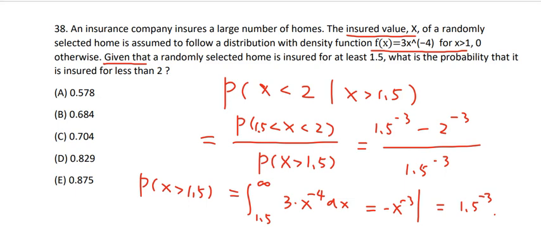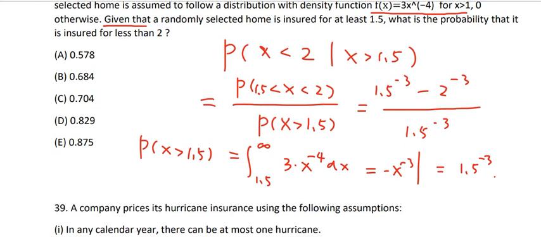Maybe you can use a calculator to find this, or maybe we can simplify a little bit. So that equals 1 minus (1.5 over 2) to the 3rd power, right?